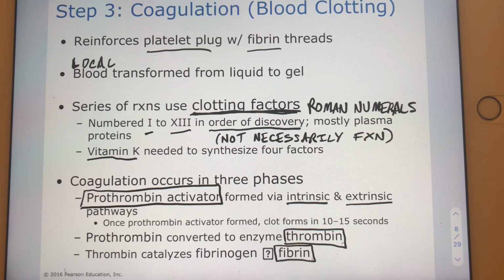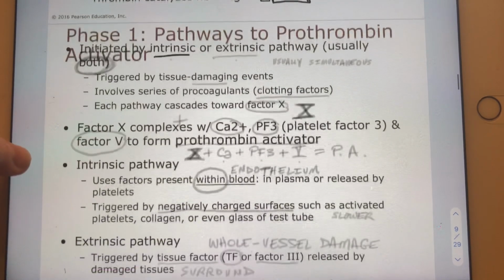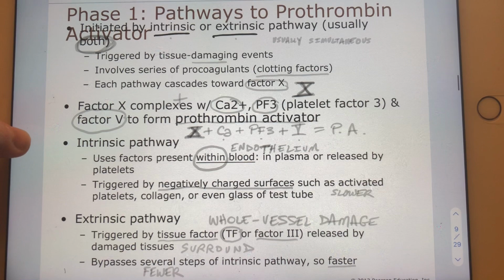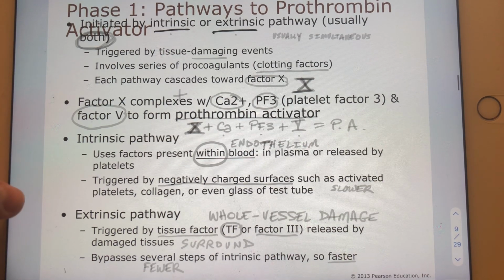Both intrinsic and extrinsic pathways are going to yield prothrombin activator, thrombin, and fibrin in that order, okay? Be aware that usually damage to a vessel is actually going to initiate both pathways simultaneously.